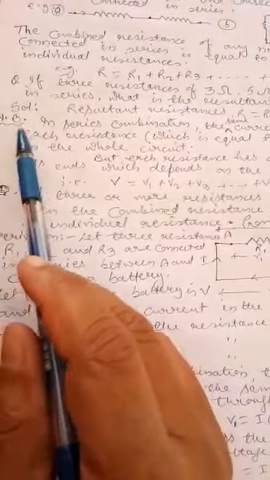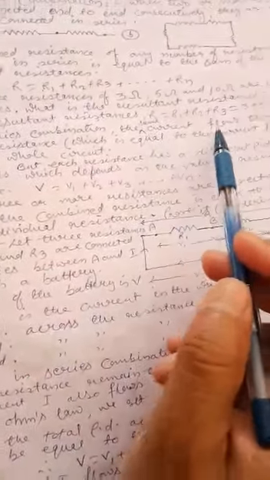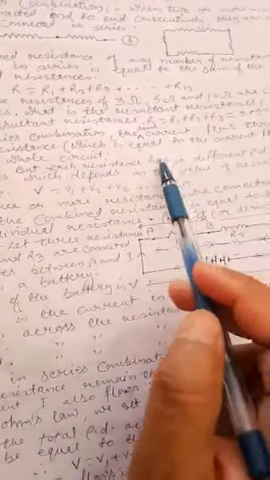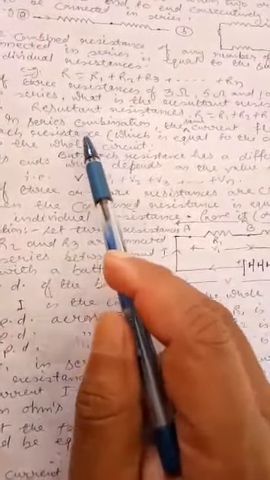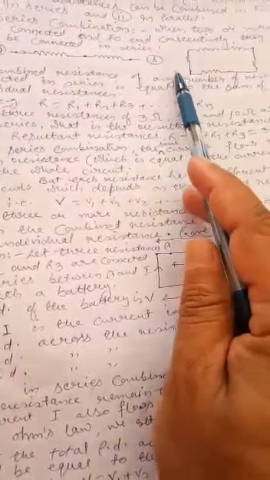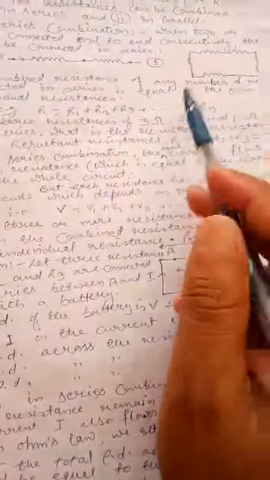Dear students, please note that in series combination, the same current flows through each resistance, which is equal to the current flowing in the whole circuit. Pay attention here. Same current flows through each resistor, whatever current flows in the whole circuit.